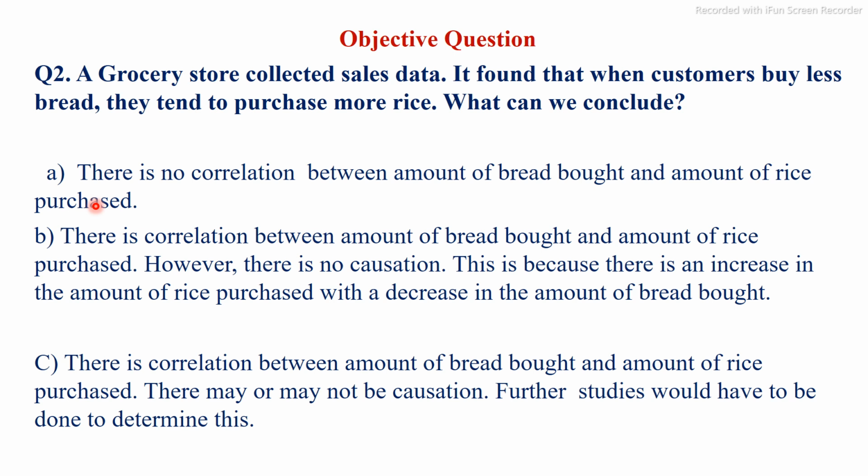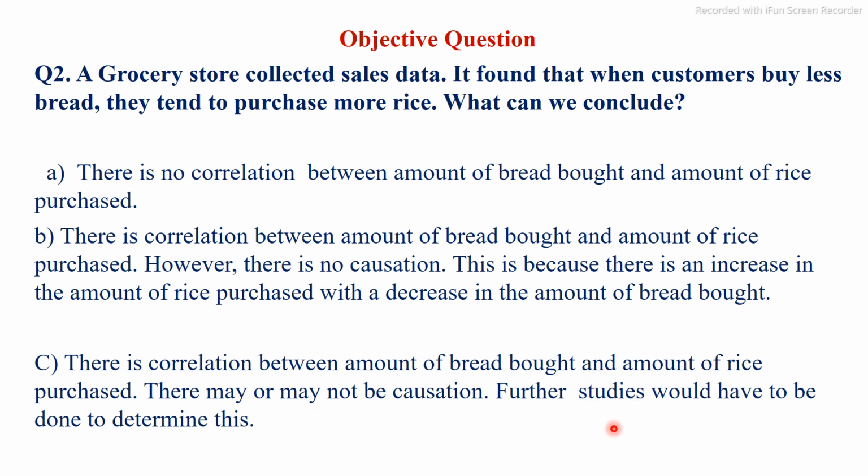Similarly, a grocery store collected sales data and found that when customers buy less bread, they tend to purchase more rice. What can we conclude? Maybe you can say there is a correlation between the bread bought and the amount of rice purchased. There might be a higher correlation, but it may or may not be causation.